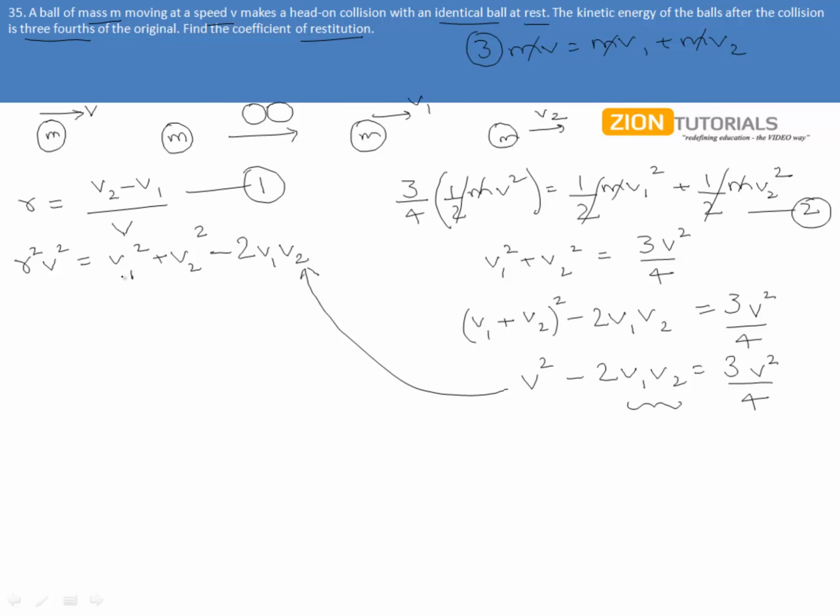So we can write it as r square v square equals 3v square by 4 minus v square by 4, giving us r square to be 2/4, or the coefficient of restitution to be 1/√2. So this is what was asked in the question.